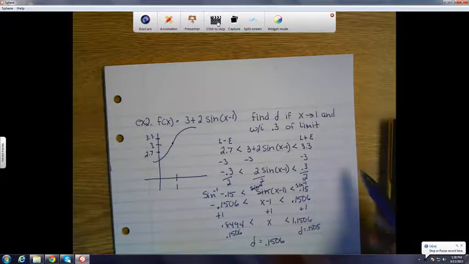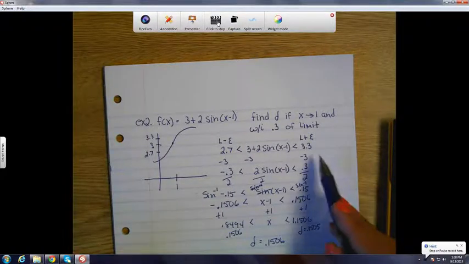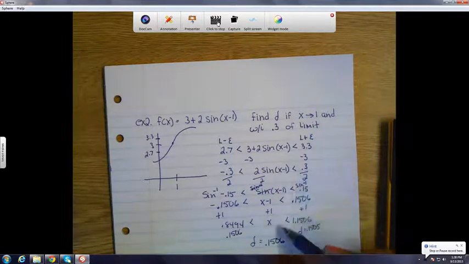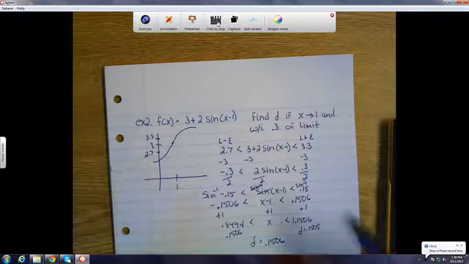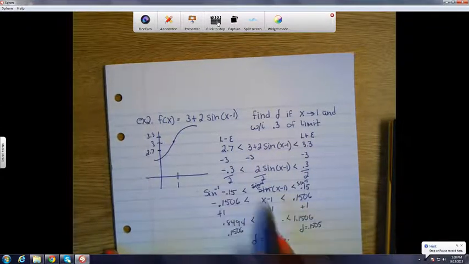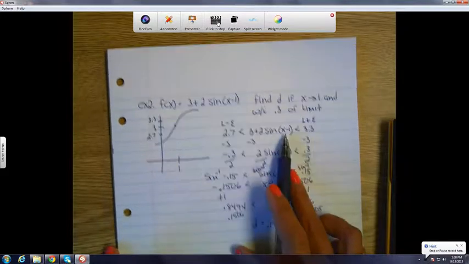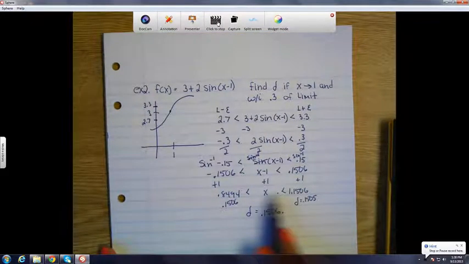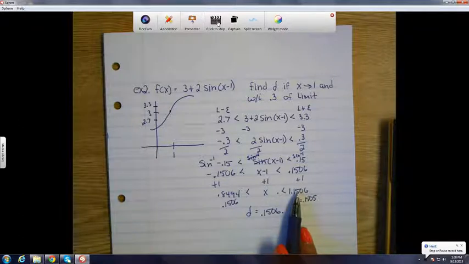Find the limit, set up the triple inequality, solve the triple inequality, then get the delta. 4 steps.